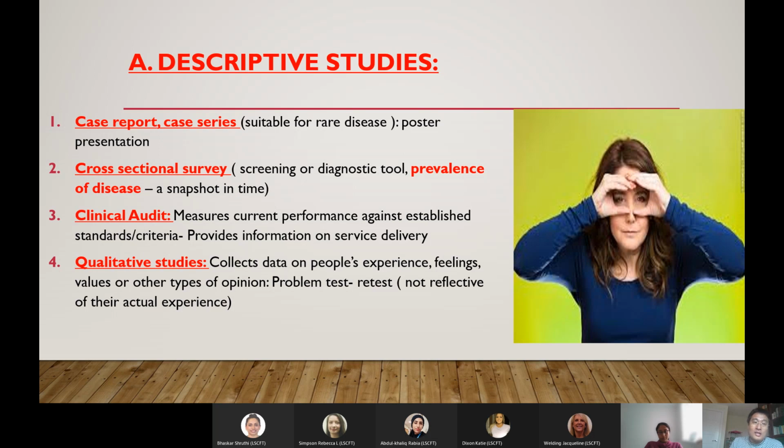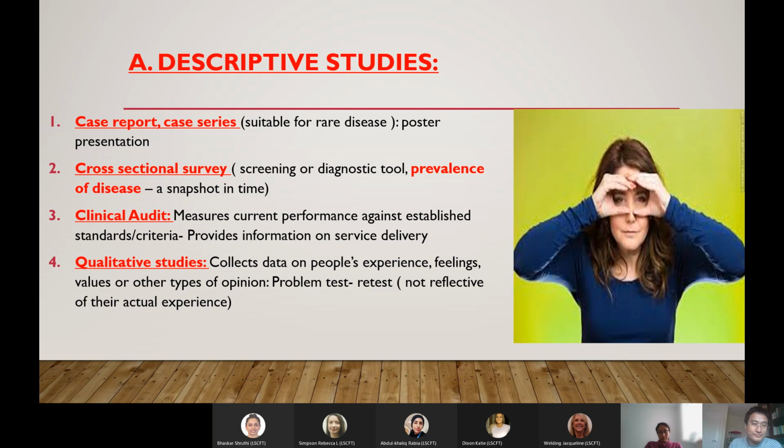Prevalence means it gives all the population at a particular time. So in the MCQs, if screening or prevalence comes, close your eyes and choose cross-sectional study. If you see these 2 words, what is the type of study? Close your eyes and click on cross-sectional study.